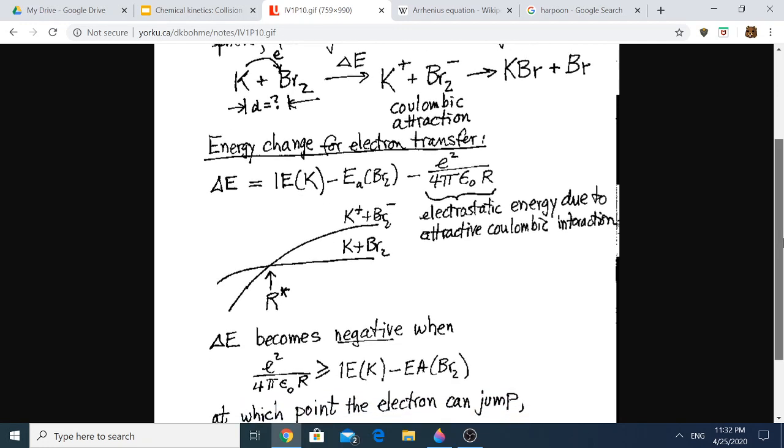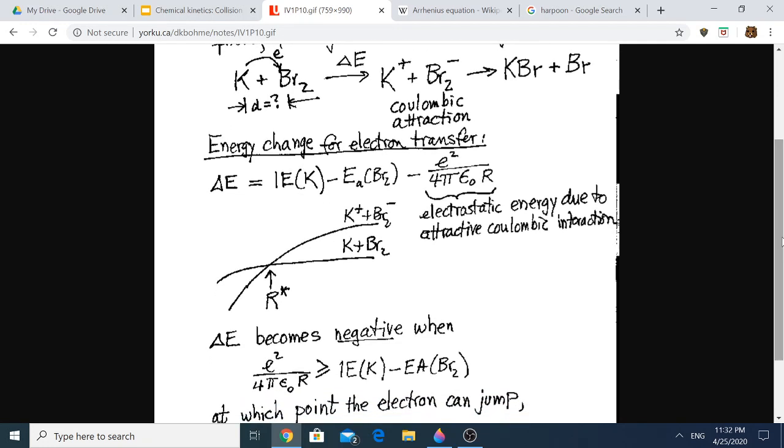And so, if you plot a graph of delta E against R, when will the delta E cross the x-axis? When will delta E become negative?